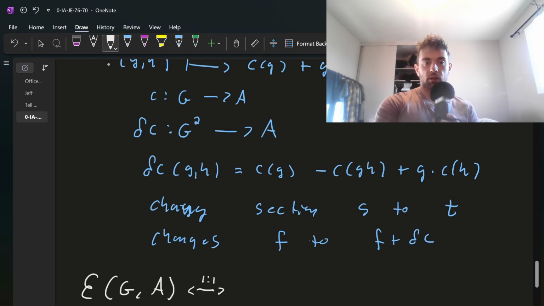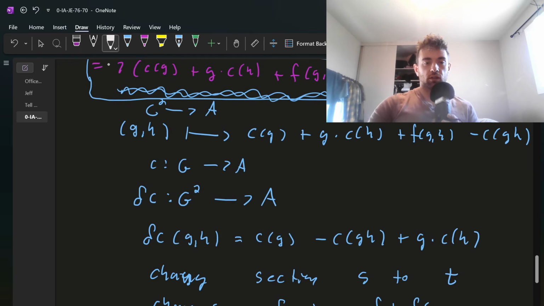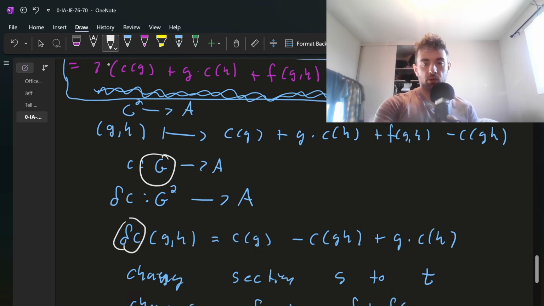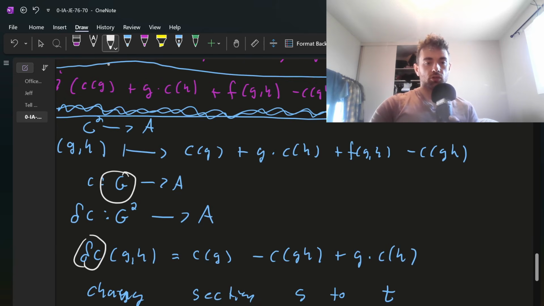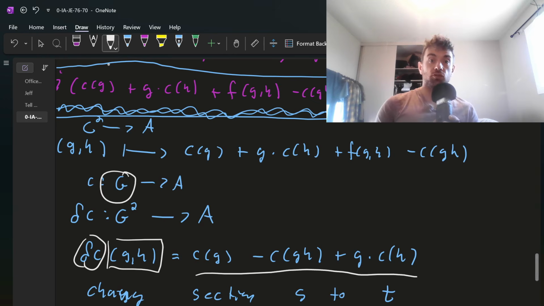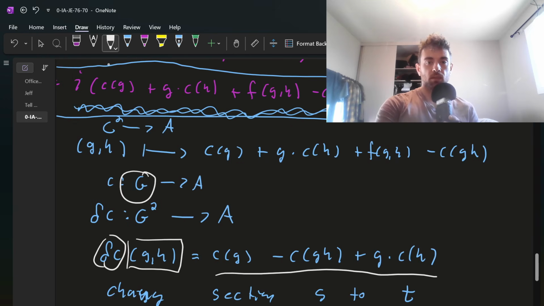I defined a delta above, right? So delta is going to take in a function C that acts on one variable and is going to return a function that eats pairs defined exactly in this manner.